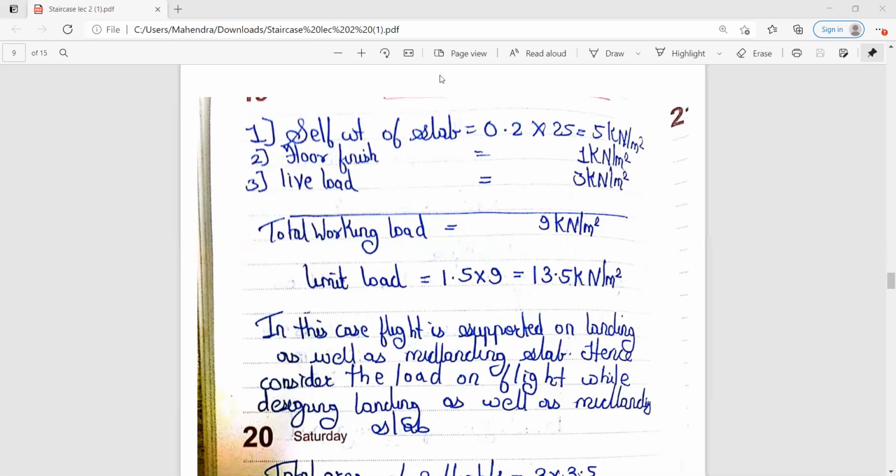So do these loading calculations, then we shall proceed further. Always consider the factor load only when you are going for designing sums.